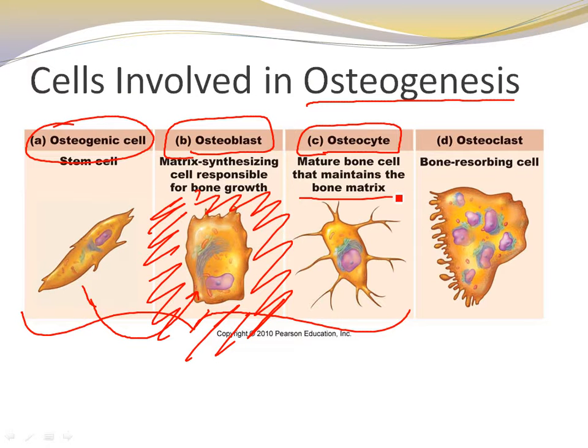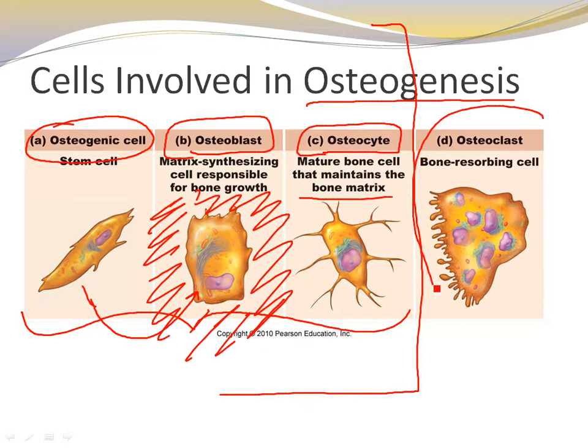Their job at that point really is just to maintain the bone matrix that's surrounding them. Sometimes that bone matrix wears out and it has to be replaced, and that's what they do. So those three cells are related to each other, and then these cells are a different type of cell called an osteoclast. Those are bone resorbing cells, and these cells dissolve the bone matrix.